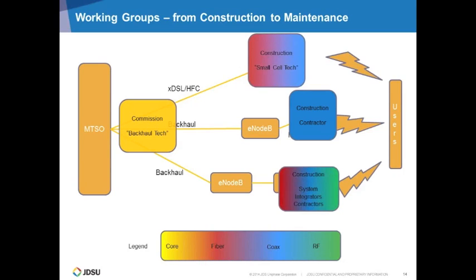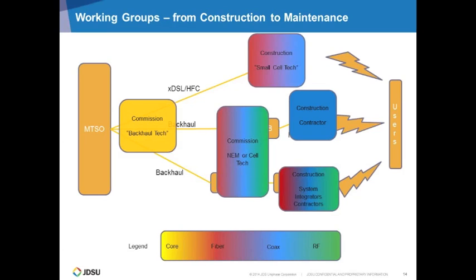In a construction where you have DAS systems, where you have system integrators and contractors, now they have not only the fiber and the coax, but also they're oftentimes responsible for doing the RF aspects of it, whether it be the pre-walk and the baselining or the afterwards, but ultimately they are responsible to cover all three of those areas. And then the actual commissioning, whether it's the network equipment manufacturer or the cell site technician, again, they too oftentimes have to deal with all three, fiber, coax, and RF, in that actual commissioning of the site.